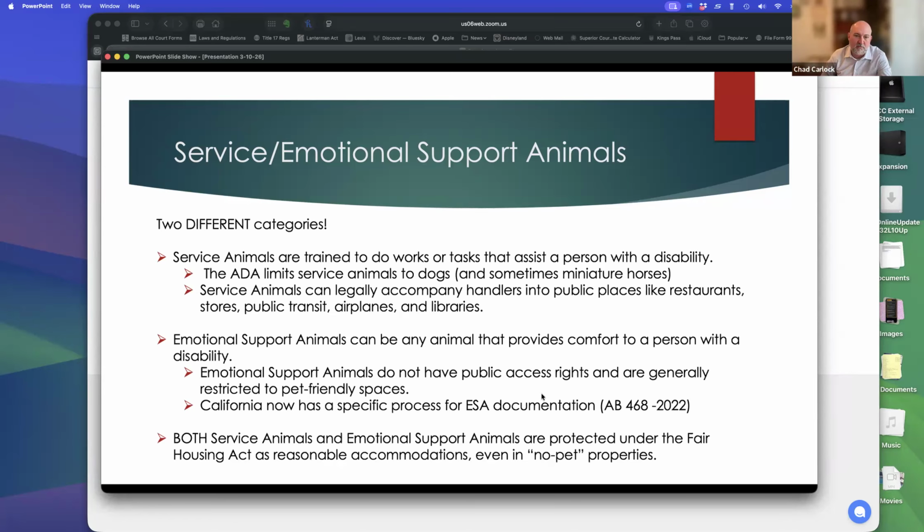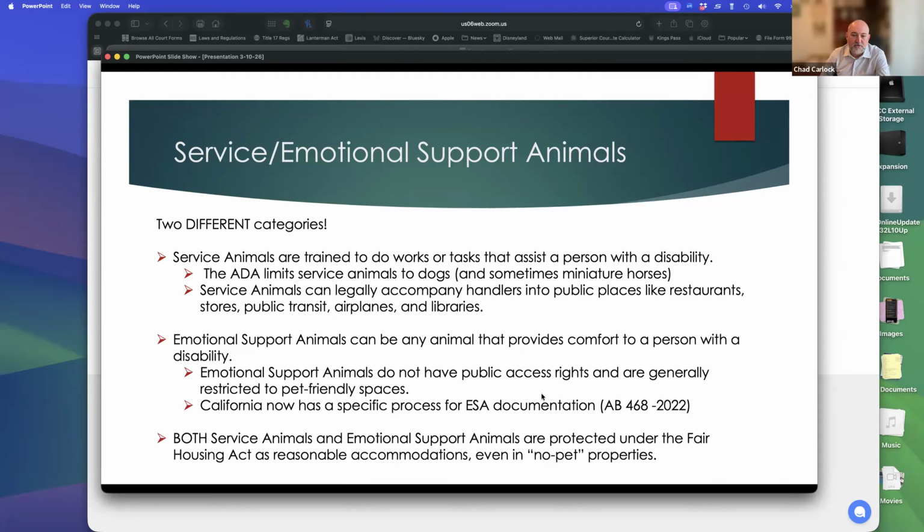All those sorts of things are service animals. Emotional support animals is a much broader category. Any animal that provides comfort to a person with a disability. So not even necessarily assisting them with a task, bringing them their medication, reminding them, but just comfort and support to a person with a disability.